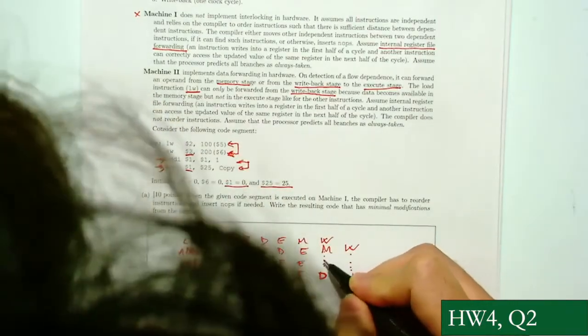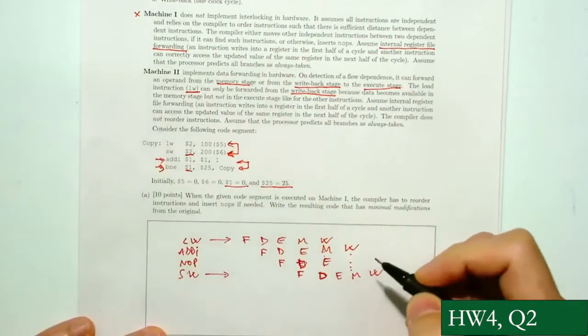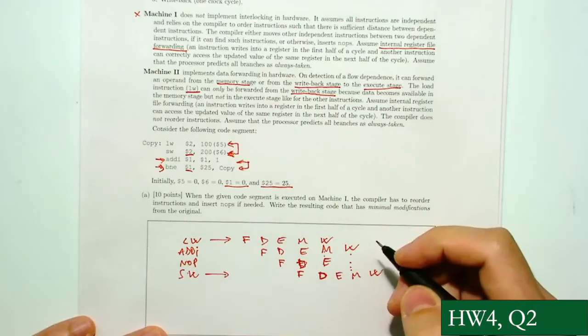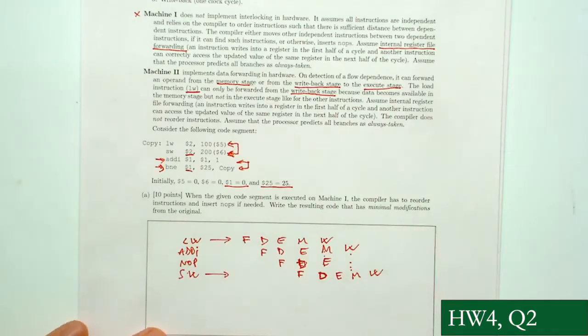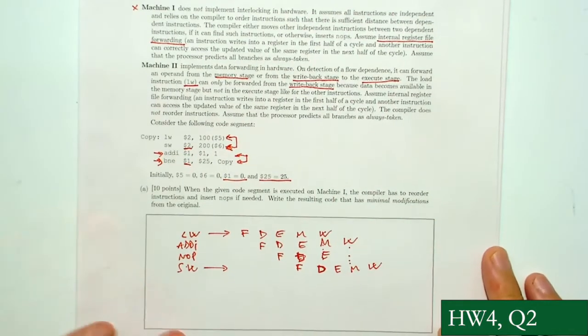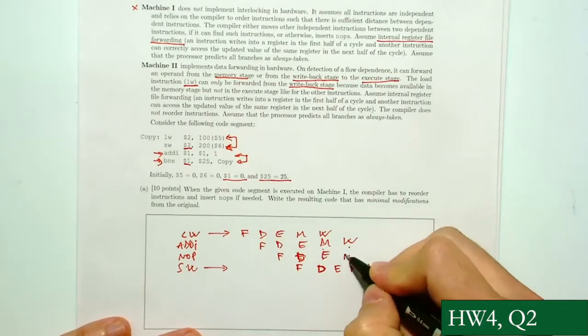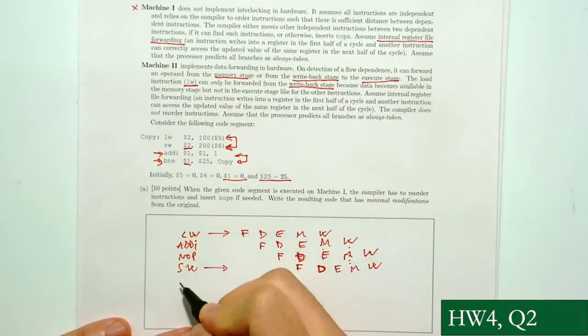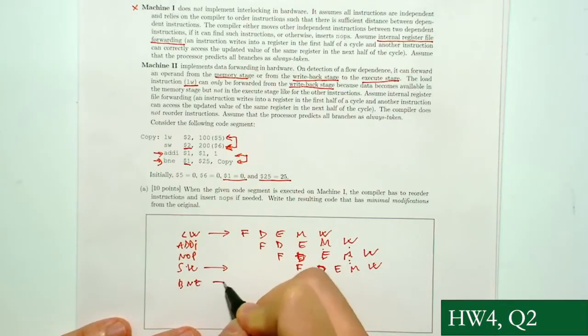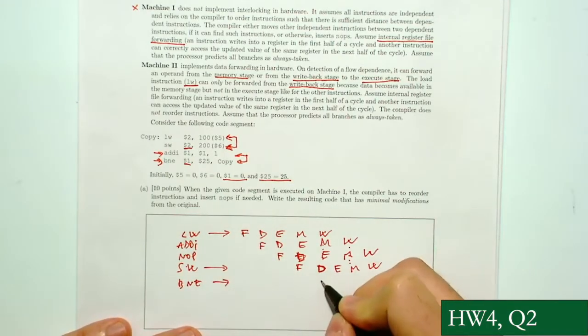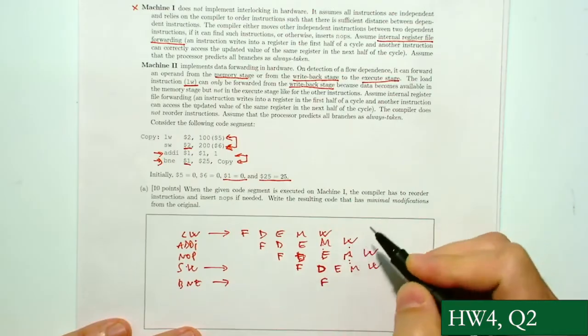So this will be execute, decode, execute. Oh, I'm sorry. Execute, memory, write back. And the last instruction, branch, can fetch.